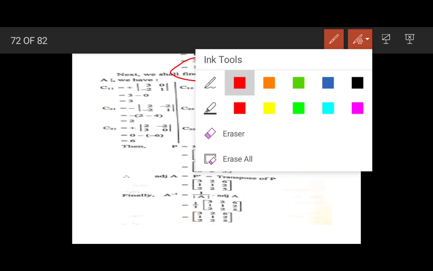Now next step, second step is finding cofactor of each element of matrix A. So cofactor of first element, C11, right? So first write the sign is plus, then delete the first element position and find the determinant of remaining elements.